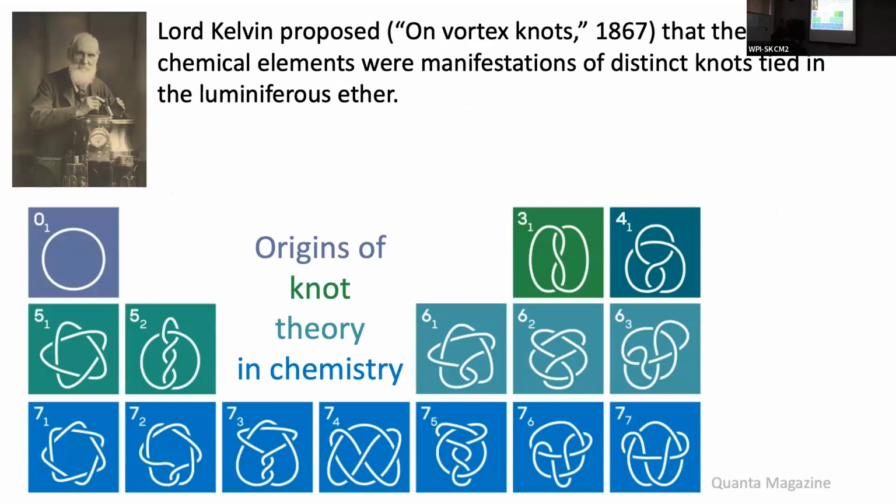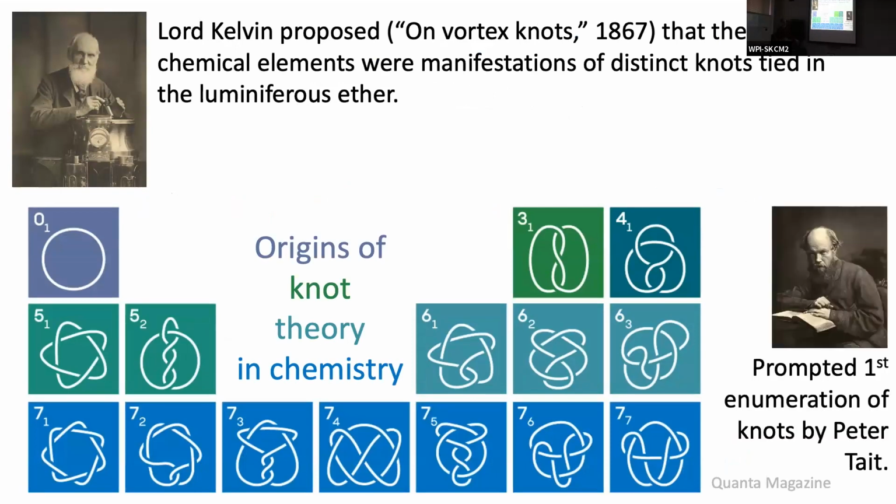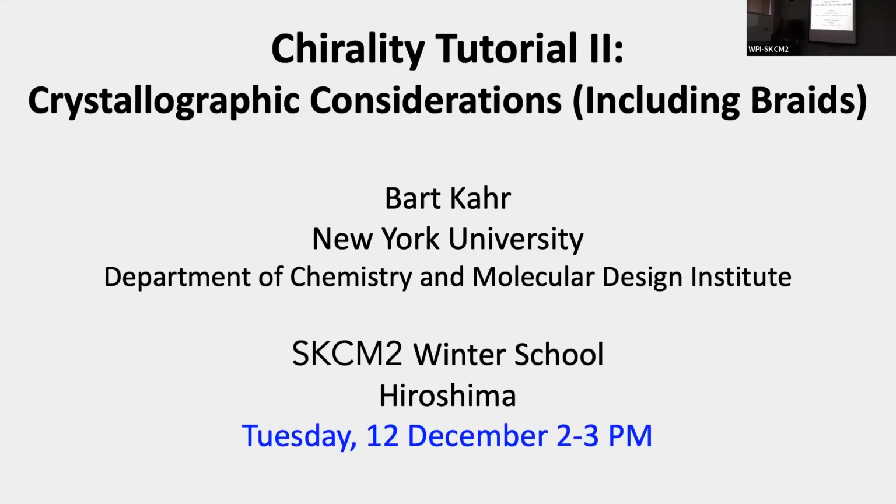That was his conjecture, and that led his colleague Peter Tait to the first enumeration of knots. So after Lord Kelvin, knot theory left chemistry for a long time. It has come back in recent generations, and we'll pick up the story in tomorrow's tutorial.